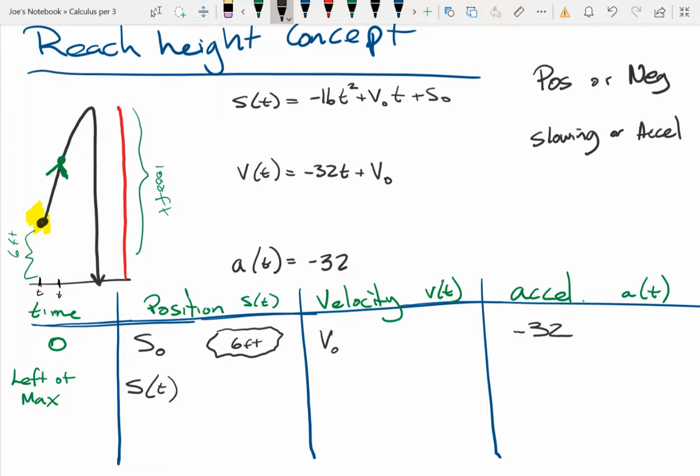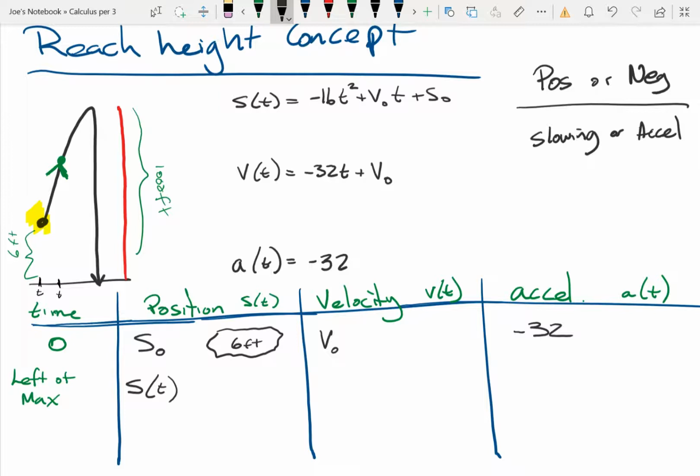So at that point it has to be one of both lines. It has to be positive or negative, and it has to be slowing or accelerating. So that green dot, to fully understand this, let's start off with positive or negative.